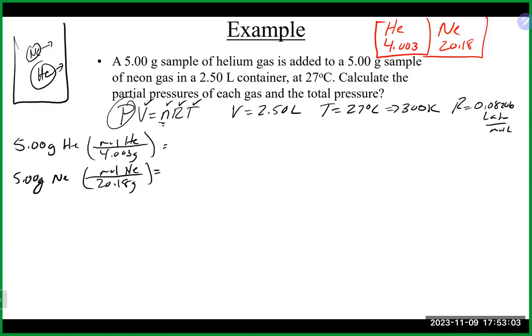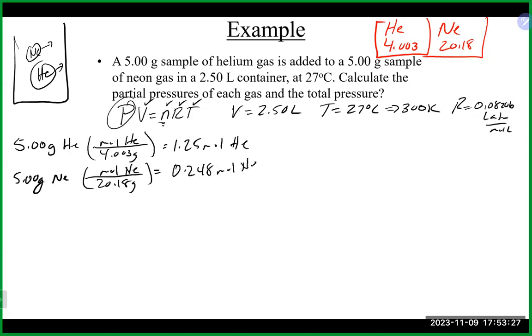And that's going to get us here. Looks like 1.25 moles there for helium. And for our neon, 0.248 moles.